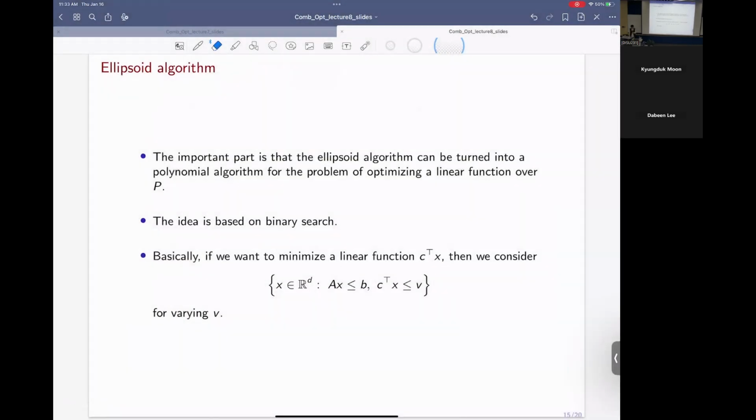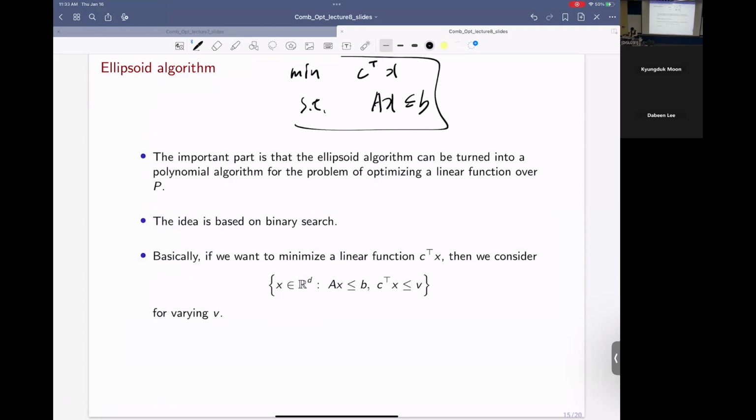You can do a binary search. Let's say I have a linear objective of minimizing c transpose x over Ax at most b. So this is the typical linear program with an objective.